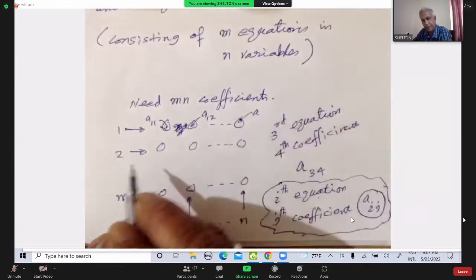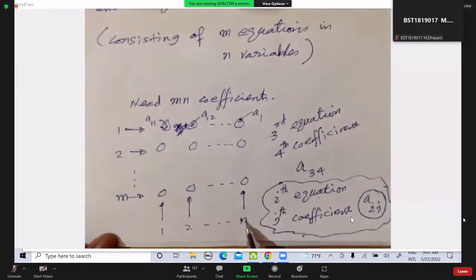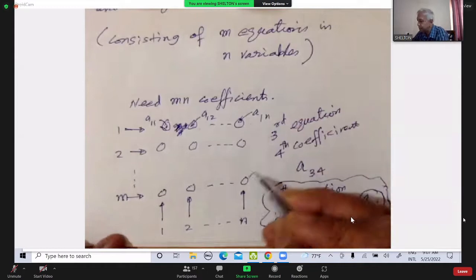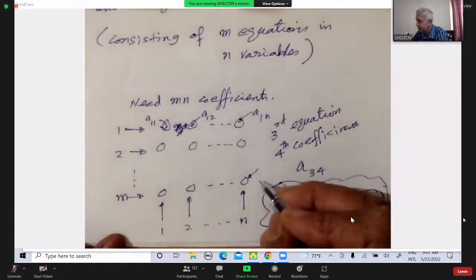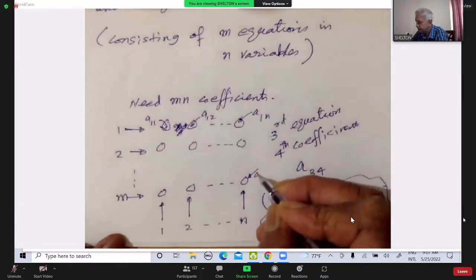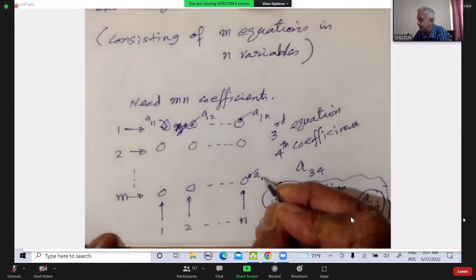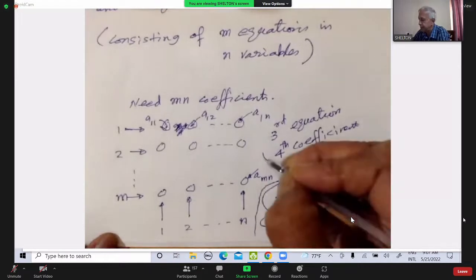Still the first equation, A1n. What is this coefficient? Amn. Do you understand? It's not m times n.